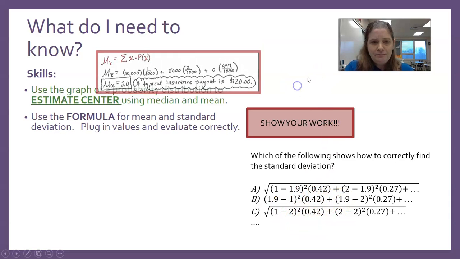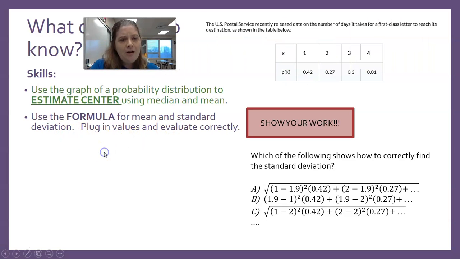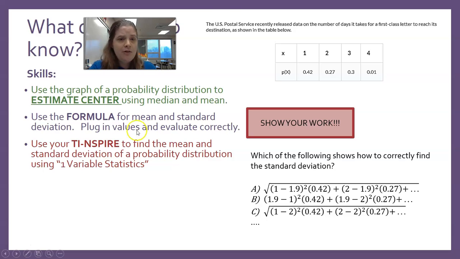Now, you also need to know how to use your TI-Nspire. If you have a problem that says the U.S. Postal Service recently released data on the number of days it takes for a first-class letter to reach its destination, you have a probability distribution, and it says what's the mean and standard deviation. You can calculate this by hand; there's no reason why you can't.